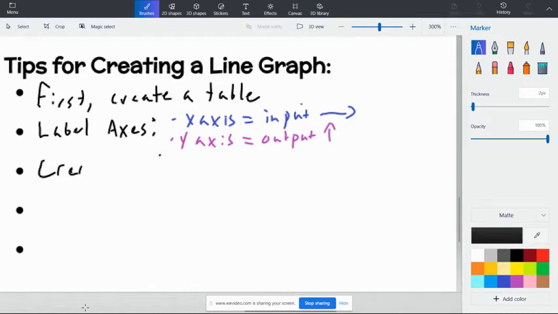Third part, create a title. Depending on what you're making this for, you want your title to be formal, or it can be a little informal. For example, if I was writing a proposal when I did sales for what we should project for next year with the rate of growth that we're at right now, I would make it a little formal. I wouldn't have like, Mr. Doherty's super cool sales graph as my title. I probably would never use that as a title because that sounds ridiculous.